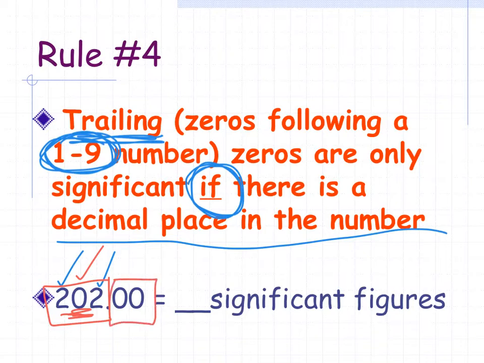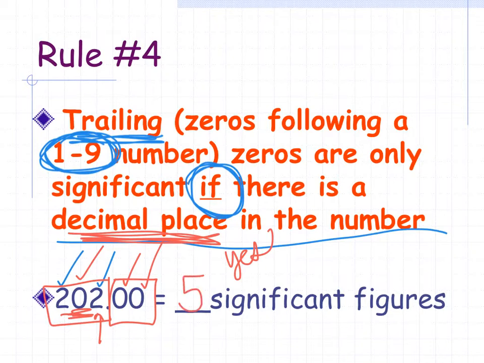These zeros, however, are after the 2, not after the decimal, they're after the 2. So since they are after the 2, I ask myself the question, is there a decimal place? And when the answer is yes, I say yes, they are significant. And so the answer is 5.